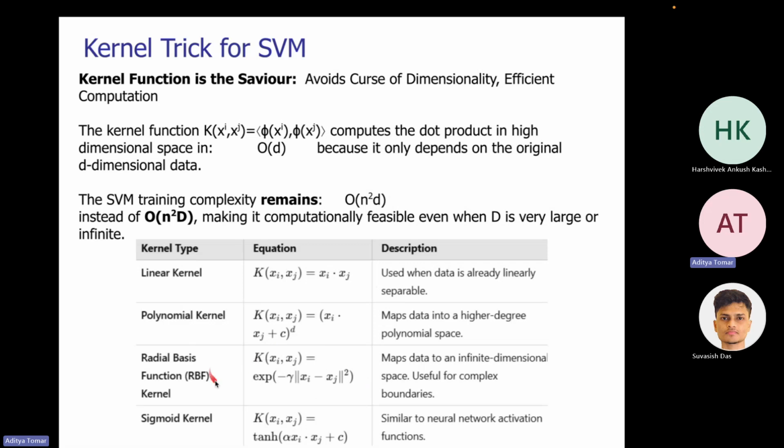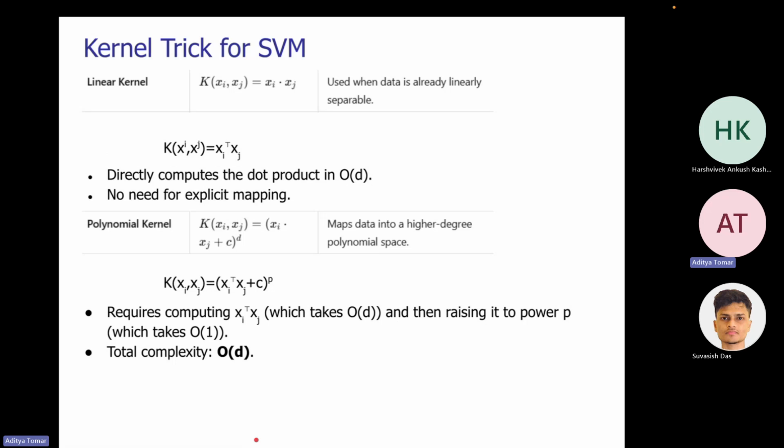Similarly, for the radial basis function, the RBF kernel, the L2 norm of xi minus xj is order of small d time, because you are doing it in the original space, not in the transformed space, and overall it will be order of d. The exponential is order of one. Then the sigmoid kernel similarly: the dot product is order of d, and tanh is order of one. So I have broken down why it is order of d for every kernel function.